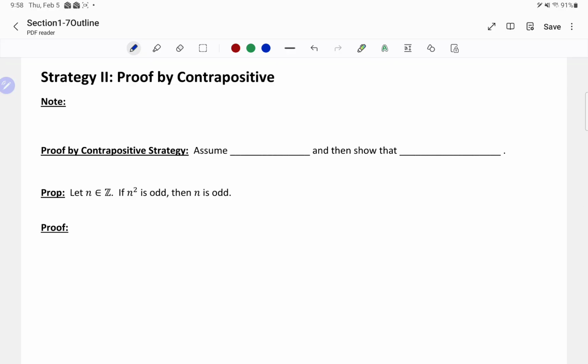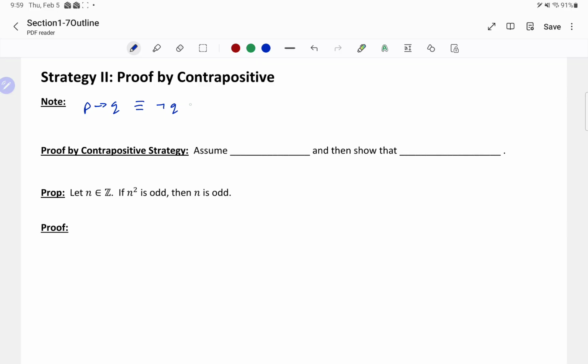Now, there's another proof strategy that we can use that's similar. It's proof by contrapositive. Okay, remember, this is very important. This is one of the reasons why that concept of the relationship between a conditional and its contrapositive was important. A conditional statement is equivalent to its contrapositive.